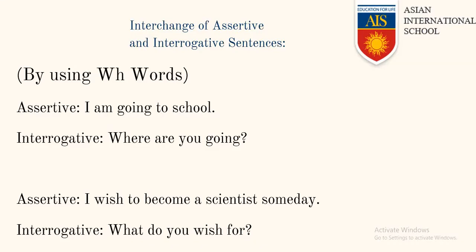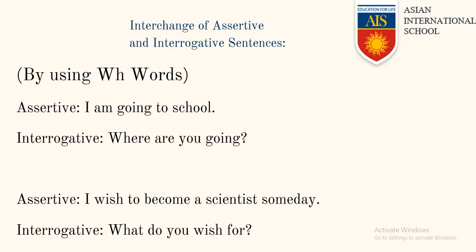The next method of changing from assertive to interrogative is adding WH words. Now, what are WH words? WH words are what, which, how, when, where, etc. So, when we add WH words in a sentence, we are making it interrogative.